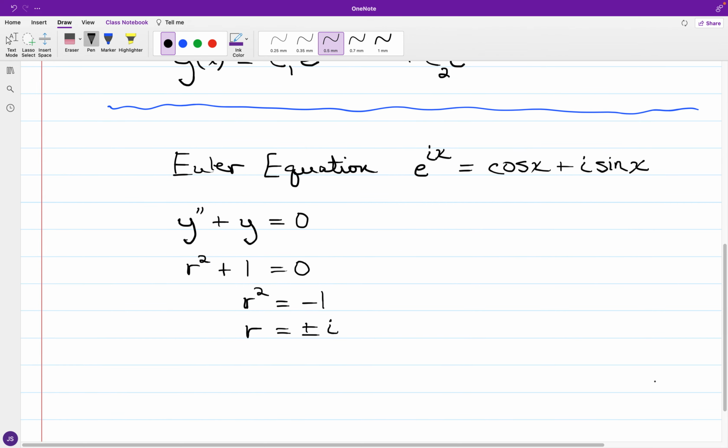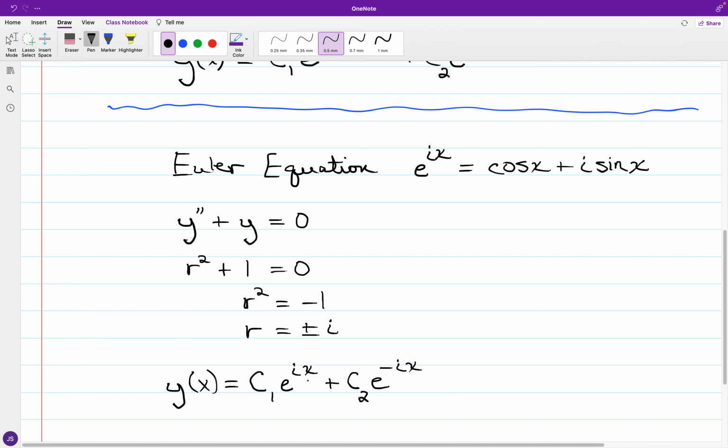So upon first glance, y of x is equal to c sub 1 times e to the ix plus c sub 2 times e raised to the negative ix.